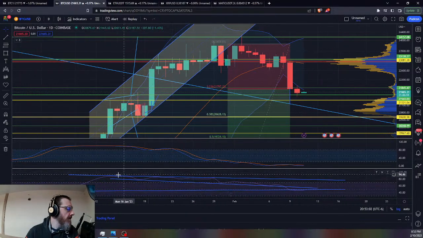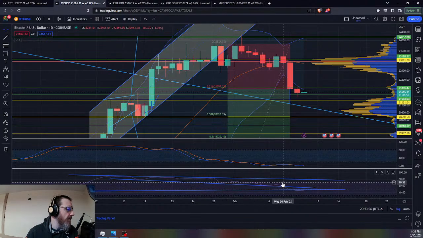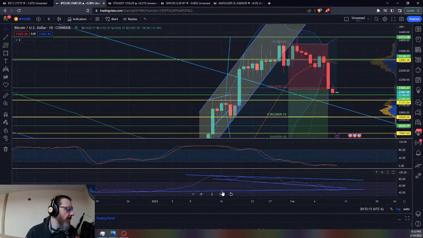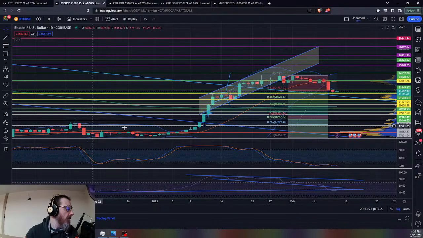And you can see here in the RSI that we did actually have what looked to be a falling broadening wedge, but it did break down. And it also broke down from this long-term support that I drew from all the way back here, which was right when we bottomed out.